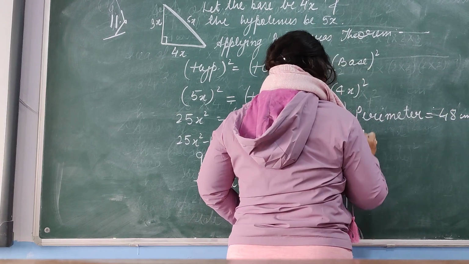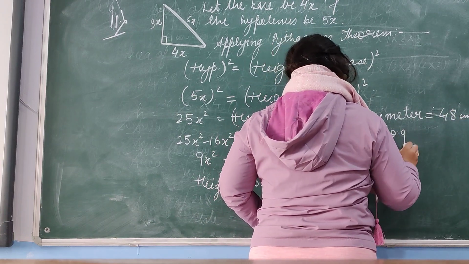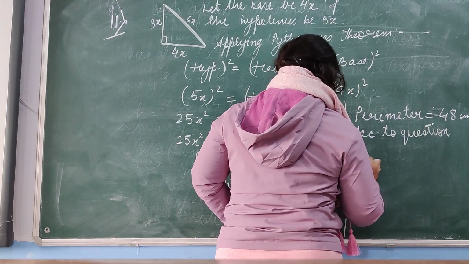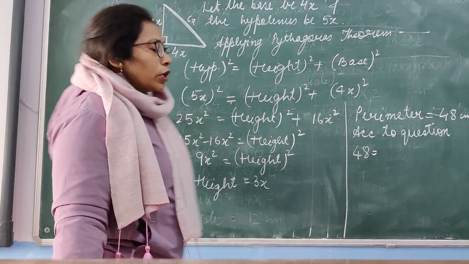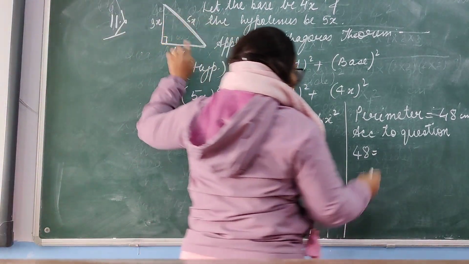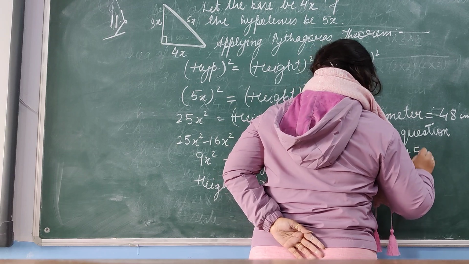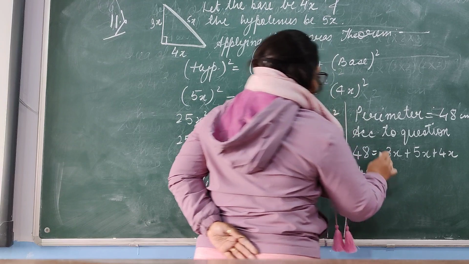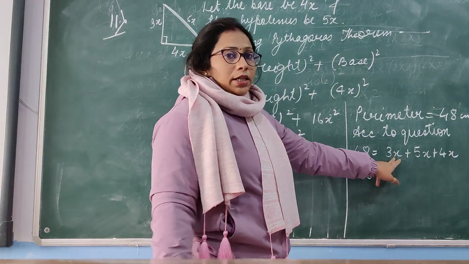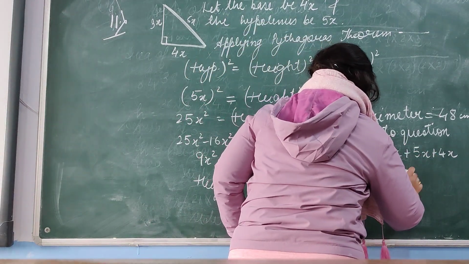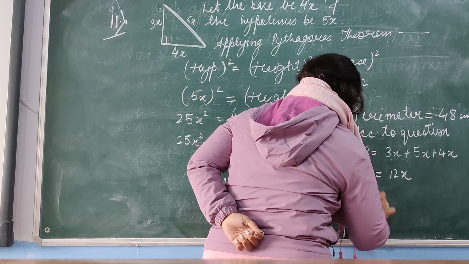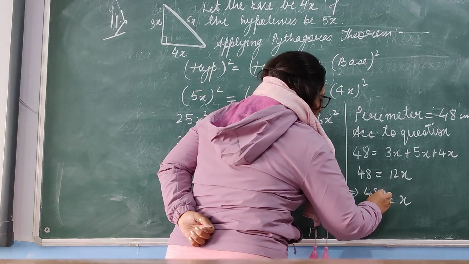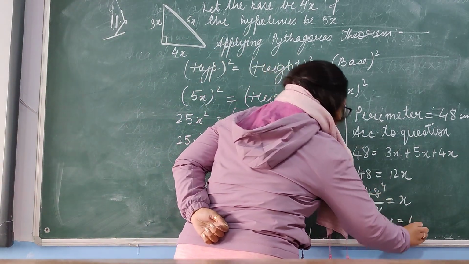So according to the question, the perimeter is equal to the sum of all the three sides, that means 3x plus 5x plus 4x. Let's add it up. We get 5 plus 3, 8, 8 plus 4, 12, 12x. So from here we have got the value of x. We can bring this 12 down, we will get the value of x. X will be 4. So x is equal to 4.